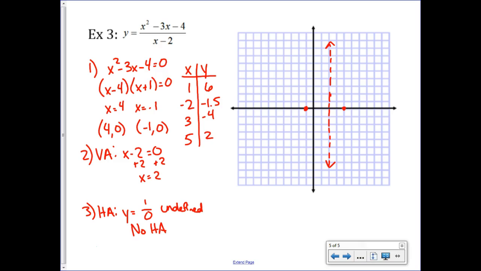So over 1 up 6. -2, -1.5. If I plug in 3, I get -4. If I plug in 5, I get 2. So it looks to me like it's doing this.